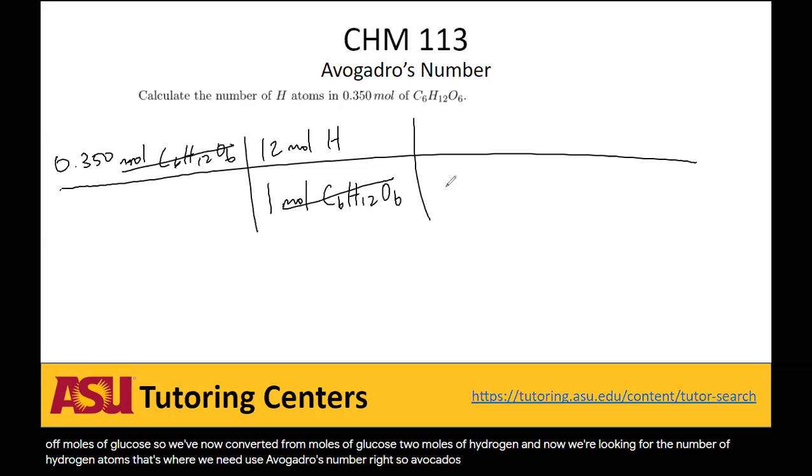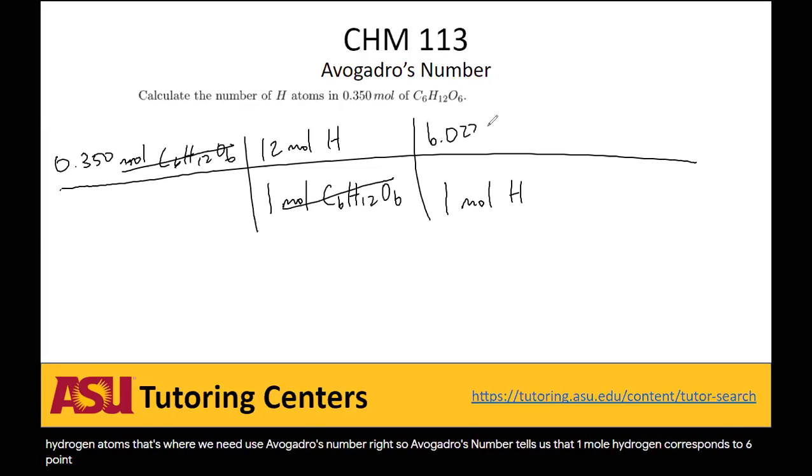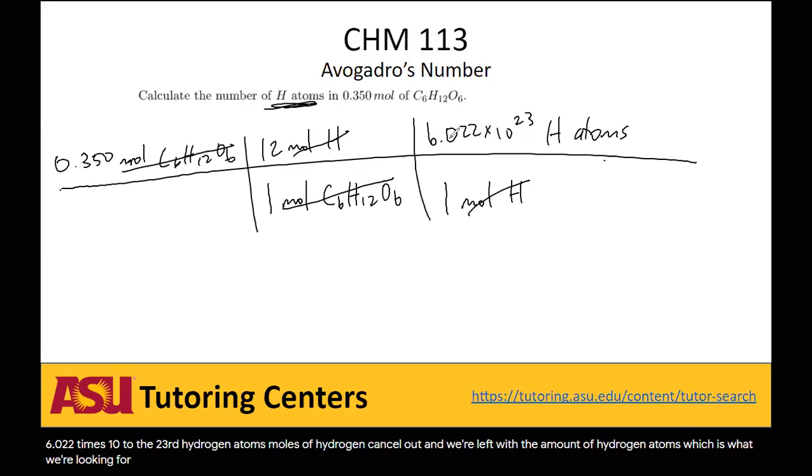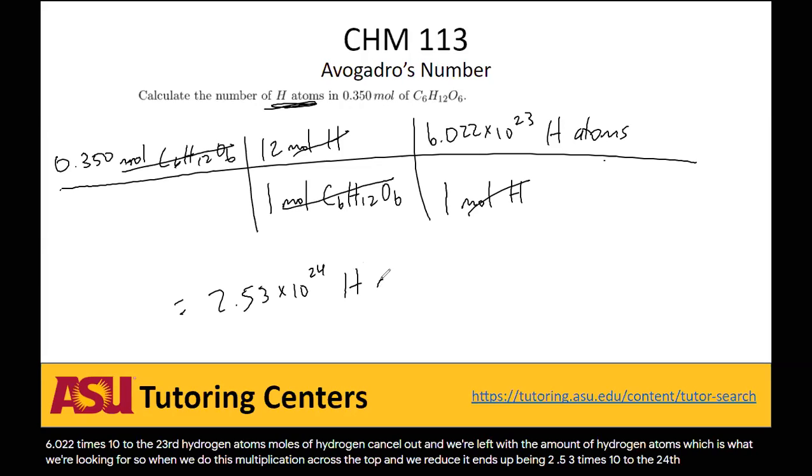So Avogadro's number tells us that 1 mole of hydrogen corresponds to 6.022 times 10 to the 23rd hydrogen atoms. So here the moles of hydrogen cancel out, and we're left with the amount of hydrogen atoms, which is what we're looking for. So when we do this multiplication across the top and we reduce it, it ends up being 2.53 times 10 to the 24th hydrogen atoms.